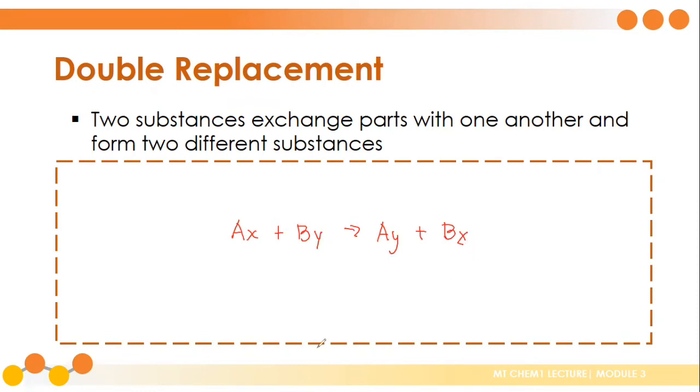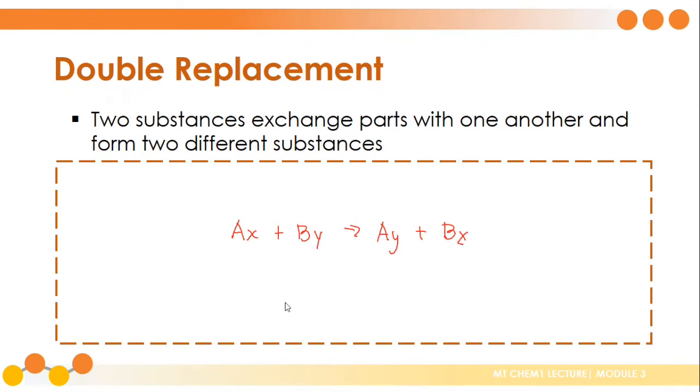Okay? And then as you can see, they interchange their partners. AX become AY, BY become BX. Two substances exchanging parts with one another and forming two different substances.